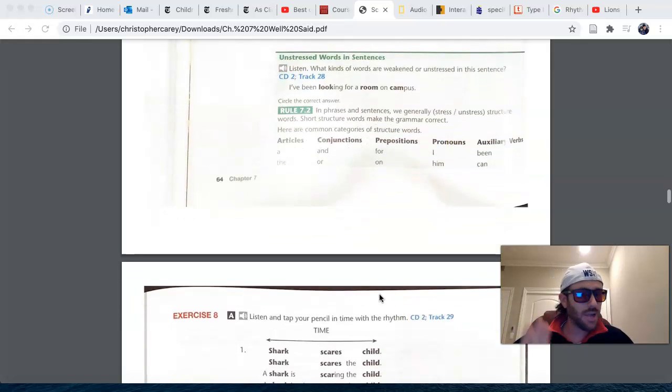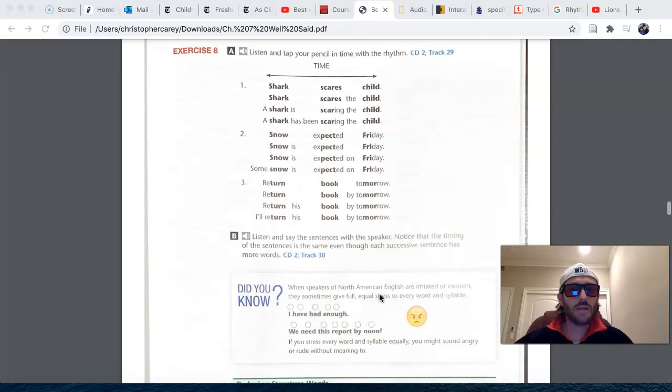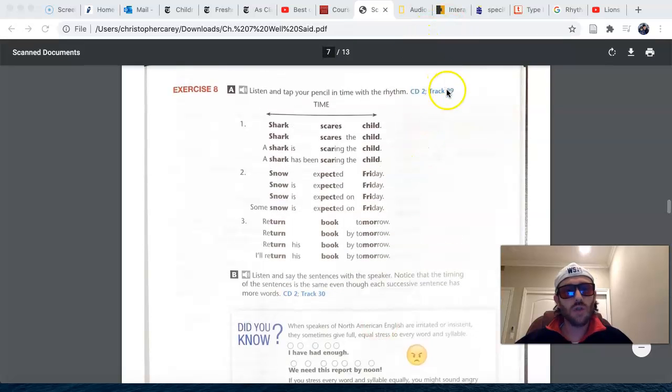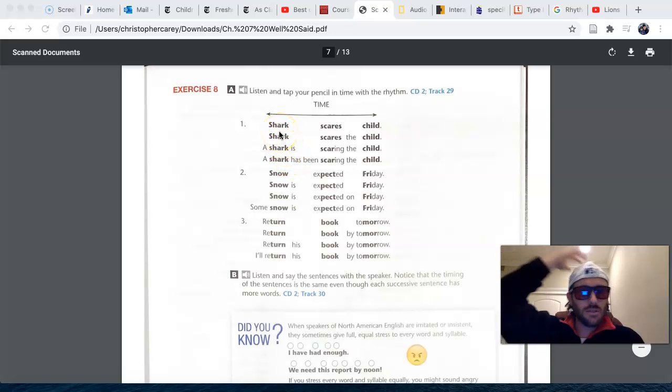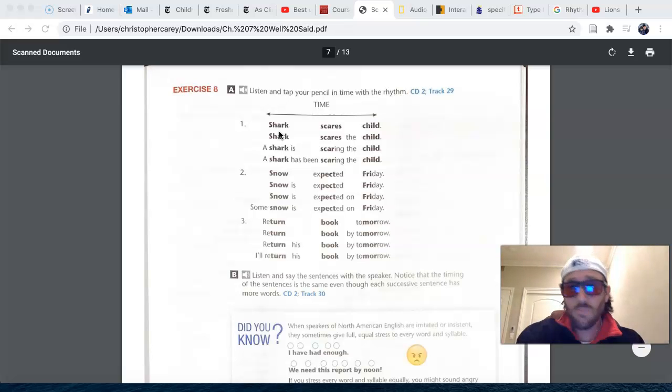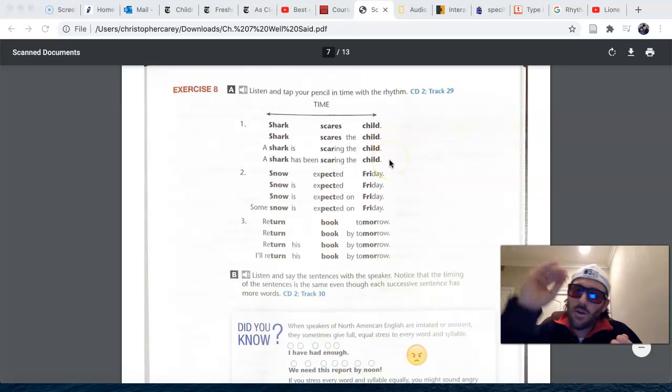So just as a practice, it's not an exercise, but just as a practice here, listen to CD2 track 29, and you can see here that regardless of the inclusion of function words, it does not take away from the pattern that's created in the emphasis or stress of content words. It's just like what we did in the previous exercise, right? Except instead, we're not focusing on content words here. We're focusing on the structure words that come in between that are unstressed, they're reduced in their pronunciation.